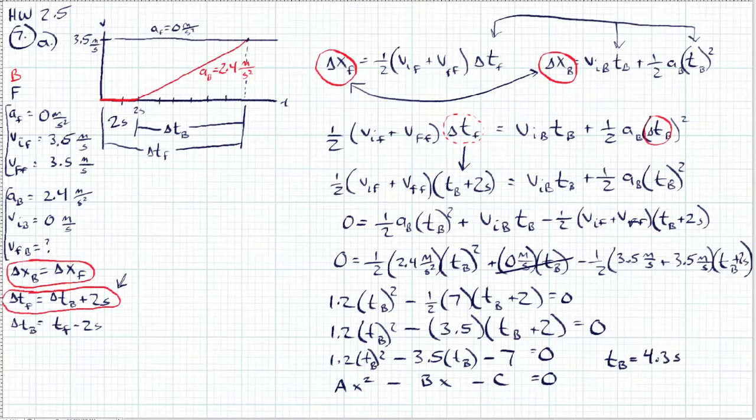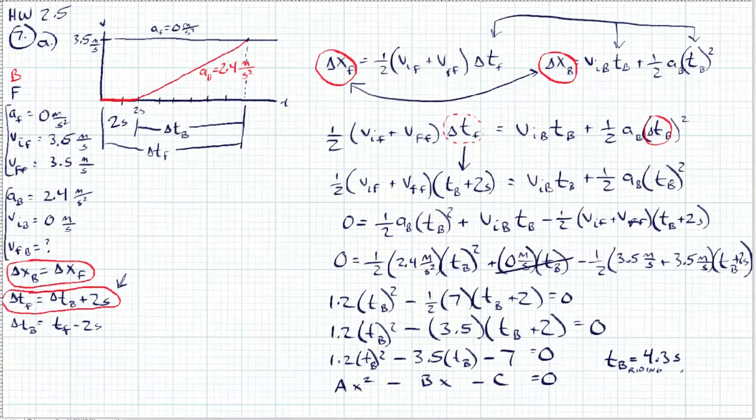Now that's the time of the biker riding. That's the amount of time spent by the biker riding his bike to catch up with his friend. The question asks, how much time does it take until he catches his friend? Well, it could be interpreted two different ways. Either way would be acceptable to me.